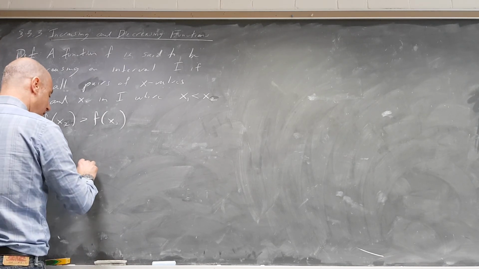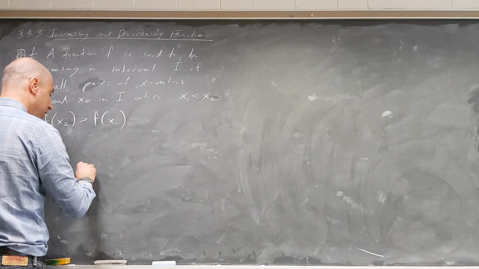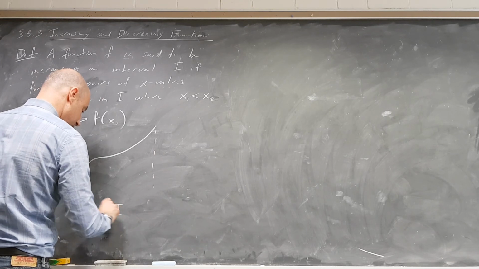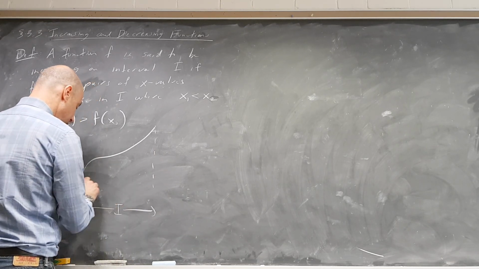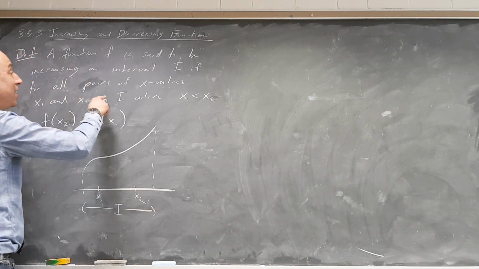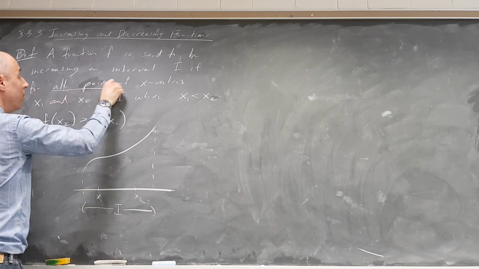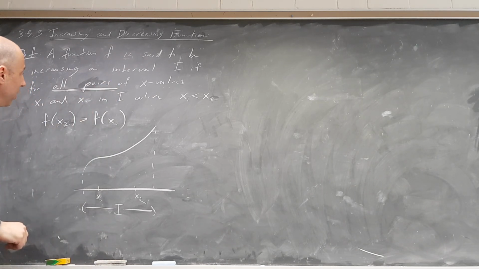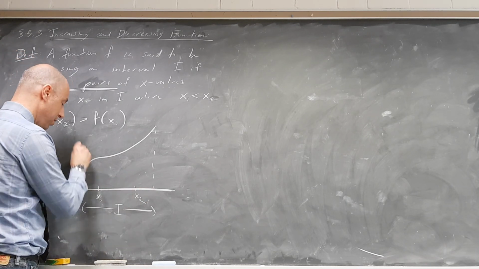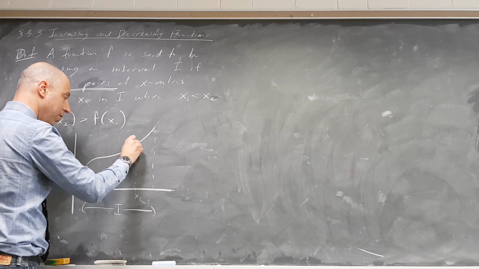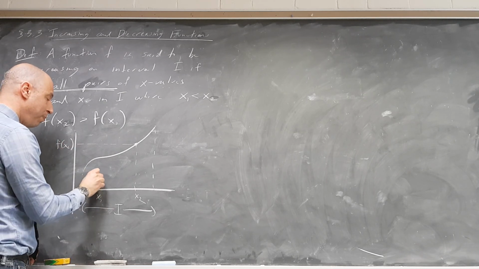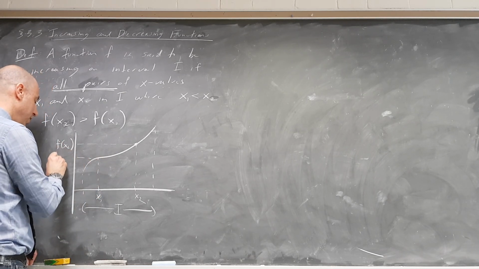So in other words, a function is increasing on an interval. So let's say my interval goes from here to here. If for any two x values, x1 and x2, for all pairs, I'm going to put that underlined, so we don't think that x1 and x2 have to be the endpoints of the interval, the y value at x2, which is f of x2, is bigger than the y value of f of x1.